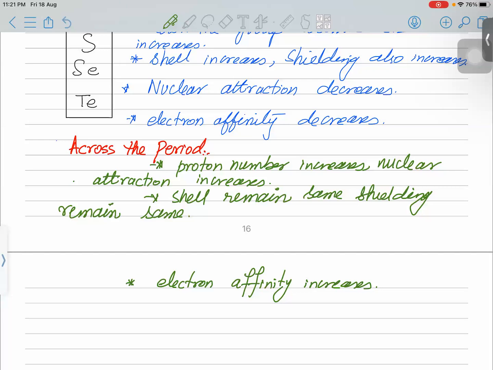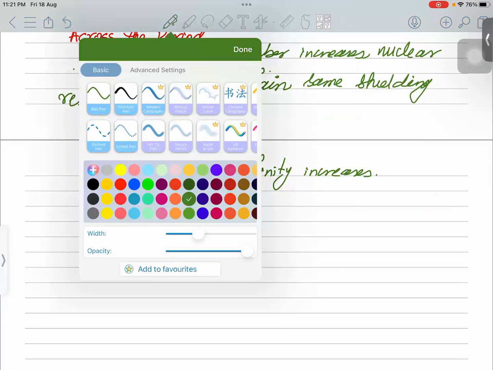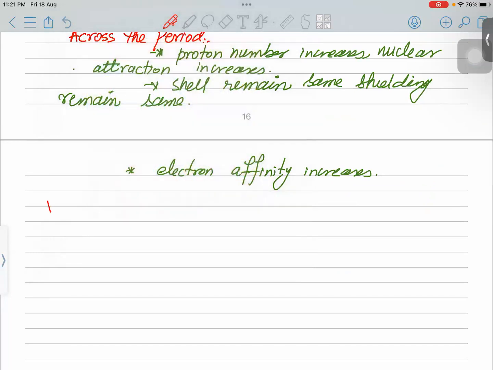Now next, as I told you, DI means doctor instruction, right? Doctor instruction means short tricks or very important point, right? So can you tell me, first electron affinity is positive or negative? So it's negative.